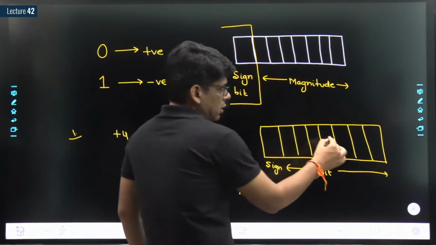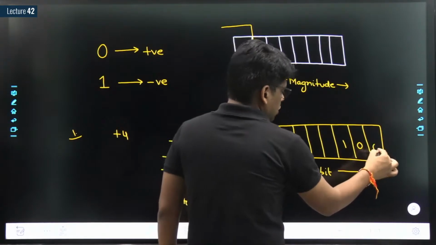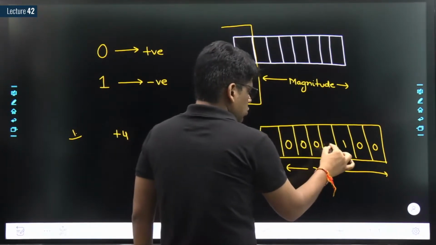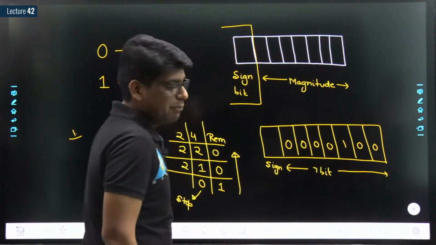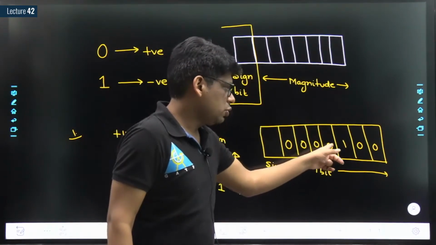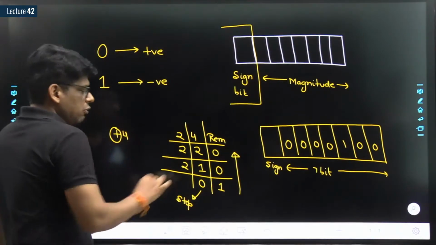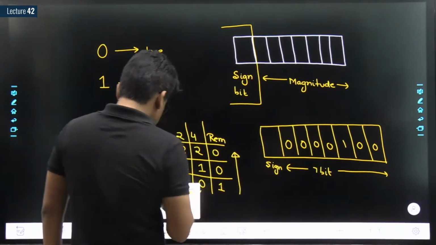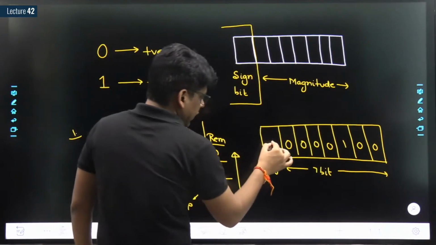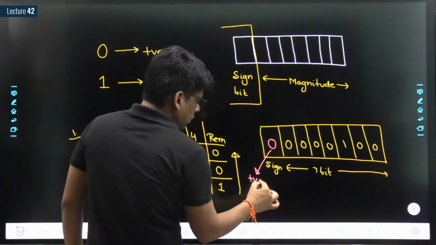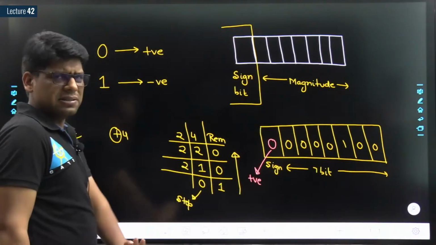Let me store 1, 0, 0. Here we have 7 bits, fill zeros. So what is the number? 0, 0, 0, 0, 1, 0, 0. But because it is a positive number, what should be the sign bit? The sign bit must be 0. 0 means positive. As simple as that.